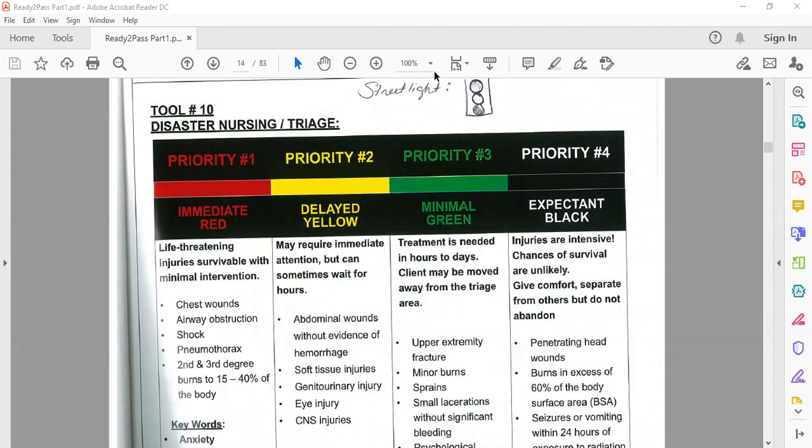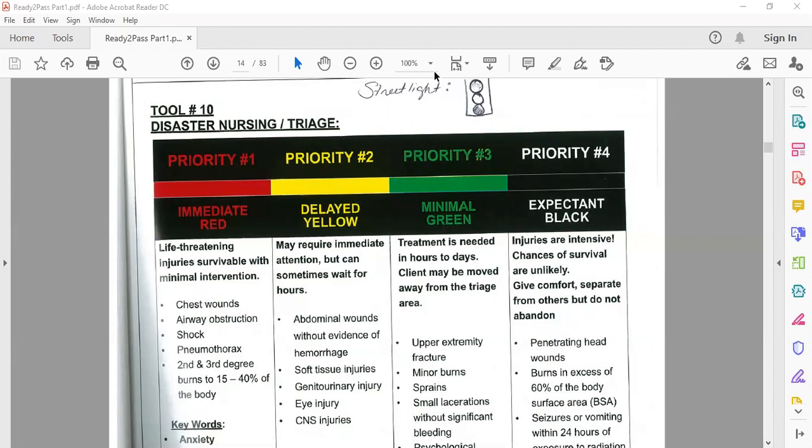We have to assess respiration. And C for circulation. Check the heart rate, blood pressure, and capillary refill. D stands for disability. Assess the patient's level of consciousness.